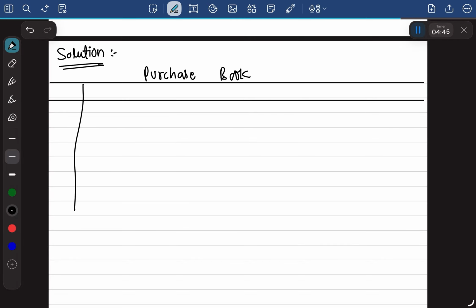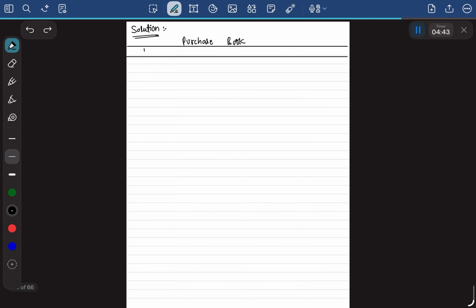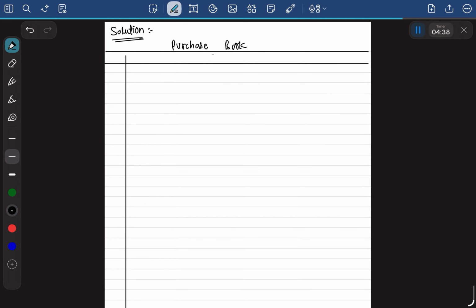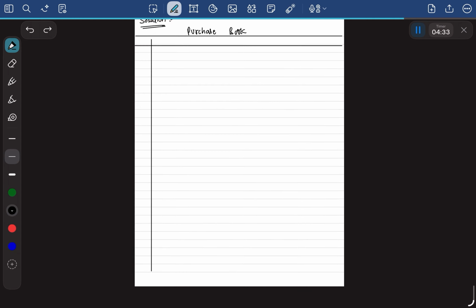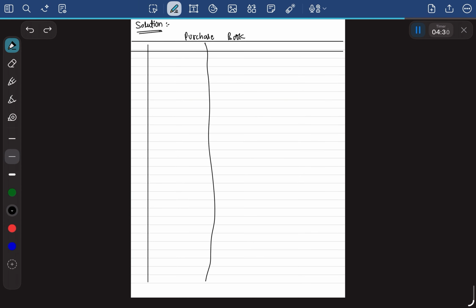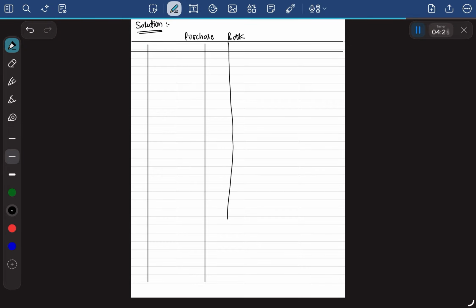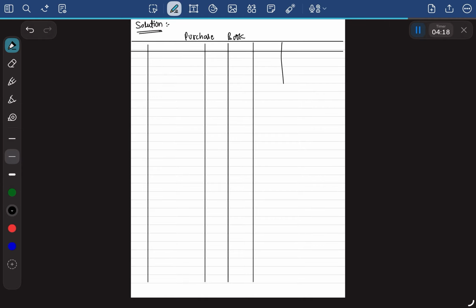I have a date column, then particulars, then a gross amount column, then a trade discount column, then a net amount column, then a freight column, then a total amount column.